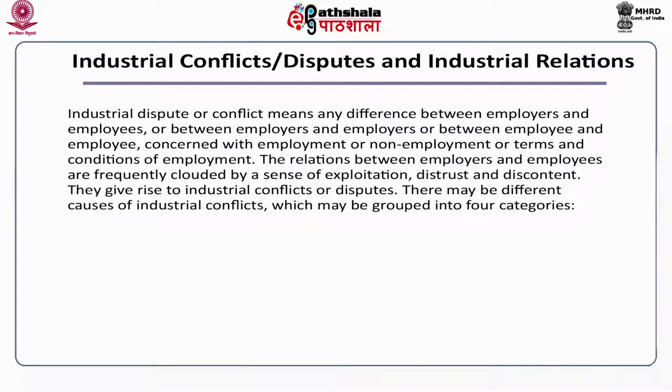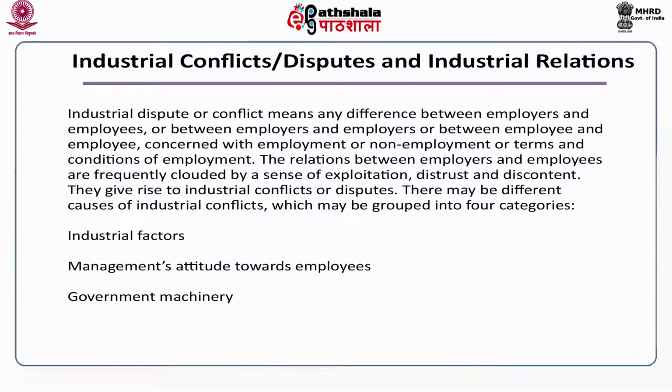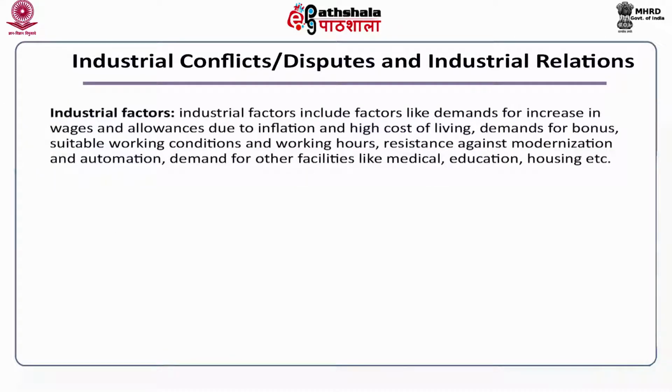There may be several causes of industrial conflicts, which can be grouped into four categories: the industrial factors, the management attitude towards employees, the government machinery and other factors. Let us try to study each of these factors in a little more detail.